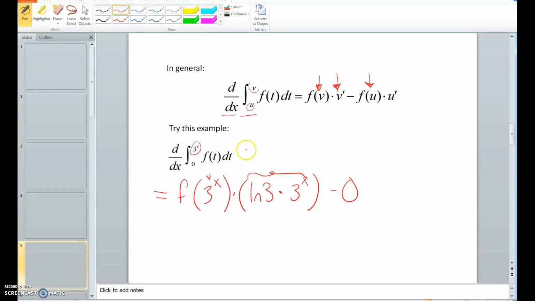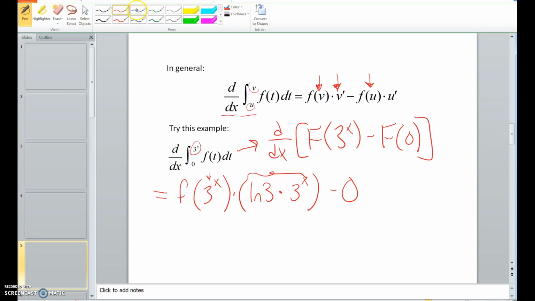That's because if you remember what we just did on the previous slide, this piece of the integral is going to be a constant. I don't know what it is, but it's just a number. If we plug a number into a function, we get a number out.